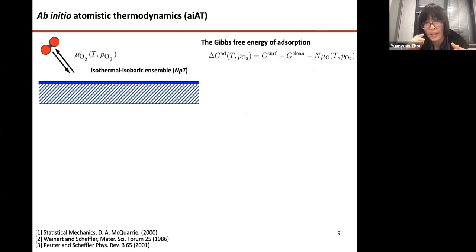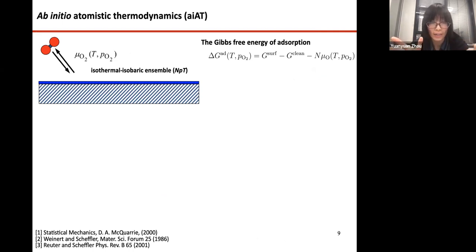I just recap here. Consider a system in contact with an oxygen gas phase, and the gas phase can be regarded as a reservoir, which can give or take any amount of oxygen to or from the system, from the surface, without changing its temperature and pressure.